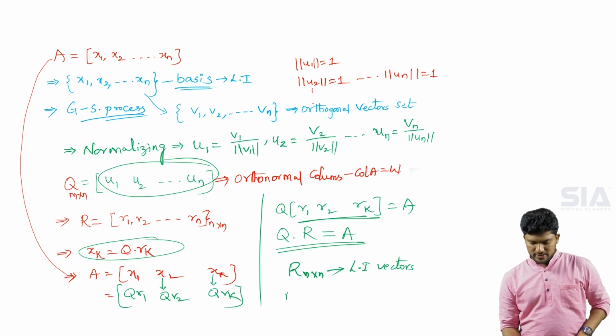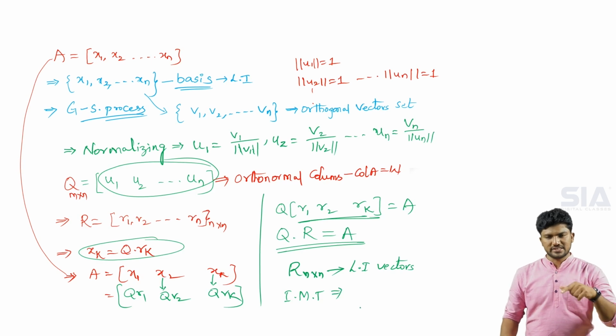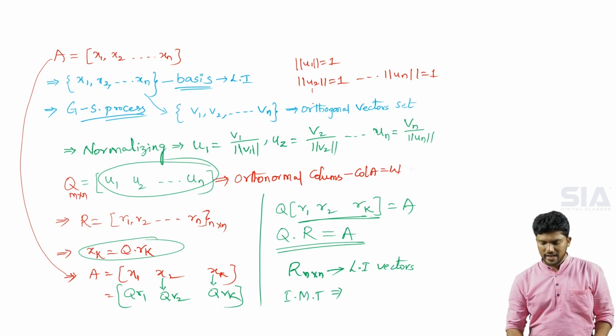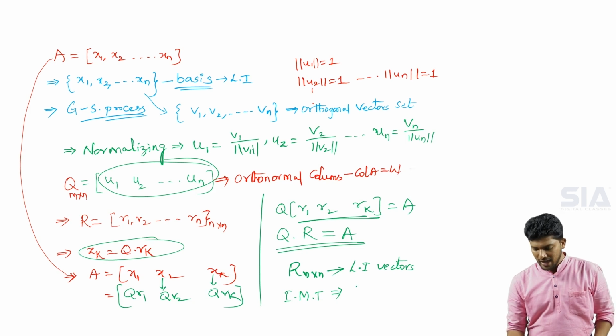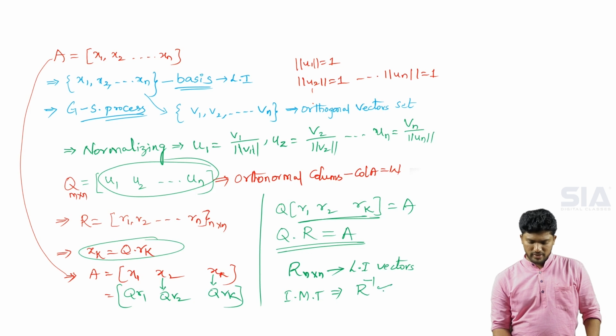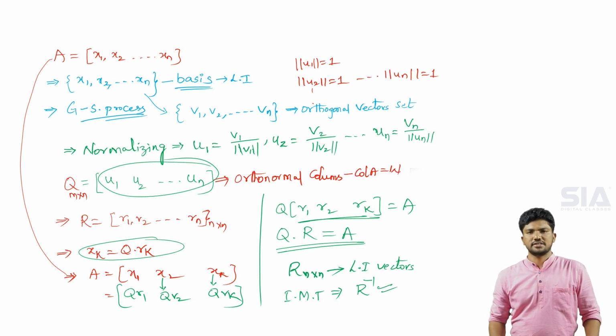Then by the invertible matrix theorem, IMT, whenever capital A is a square matrix and has linearly independent vectors, then capital A is invertible. Similarly here R is an n by n matrix and has linearly independent vectors, so R is also invertible by the invertible matrix theorem. So definitely it is an upper triangular matrix with positive entries on its diagonal. Therefore this is the QR factorization theorem.